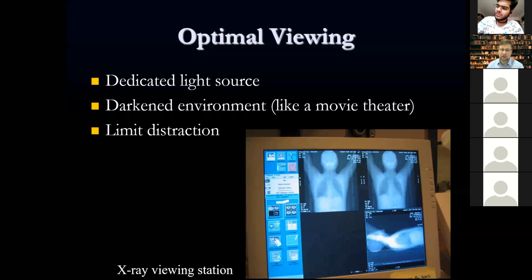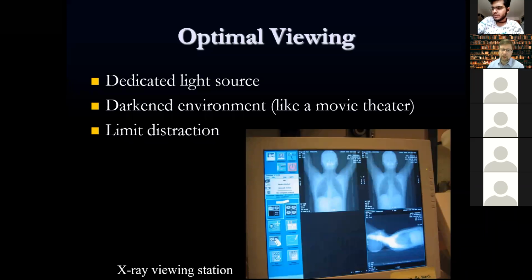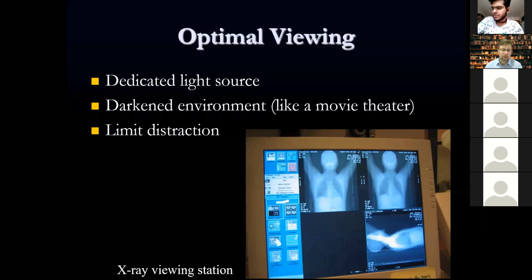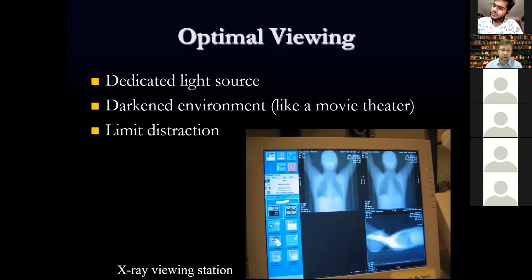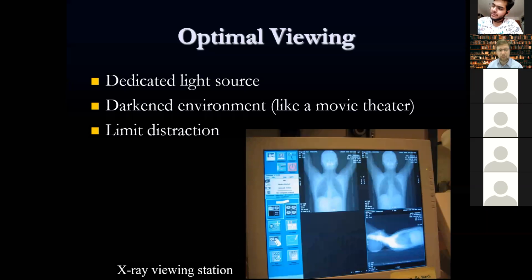And here on this image you can see the digital X-ray station on which we can see the digital X-ray examination, and it's very comprehensive to use because we can magnify the image, rotate the image, and perform some measurements.